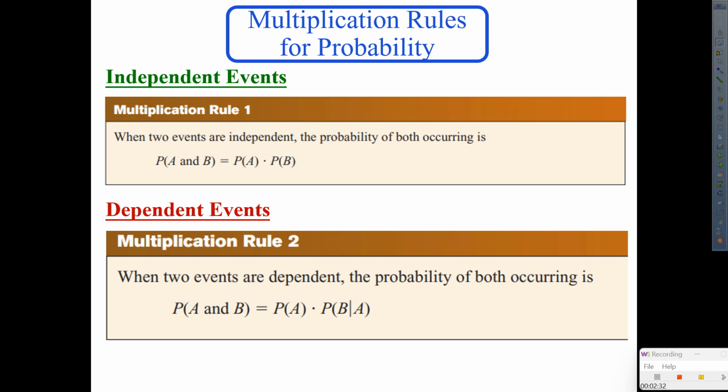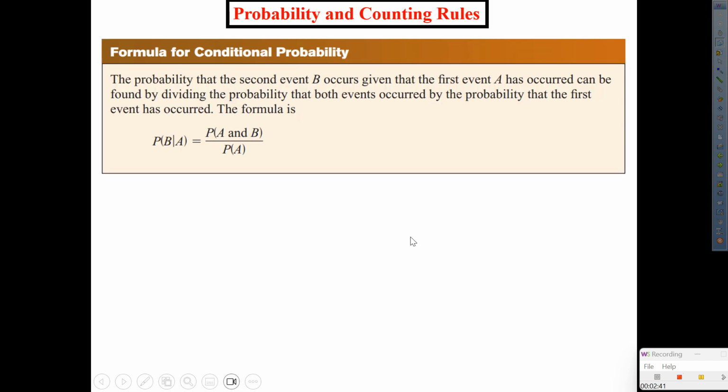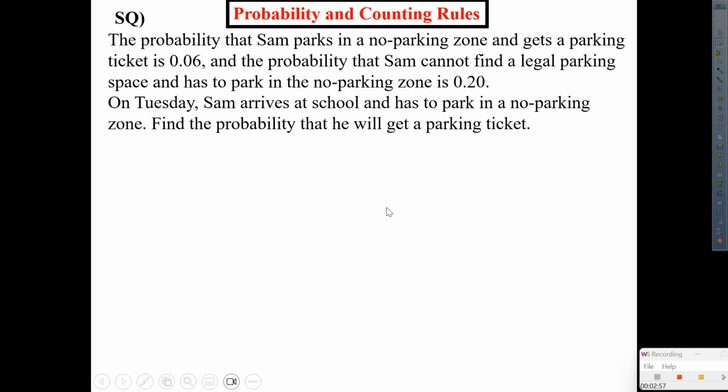So we have addition rules that have or. We have multiplication rules that have the word and. And then from there we went to conditional probability, which uses the key word given. You guys remember that? Given. All right.